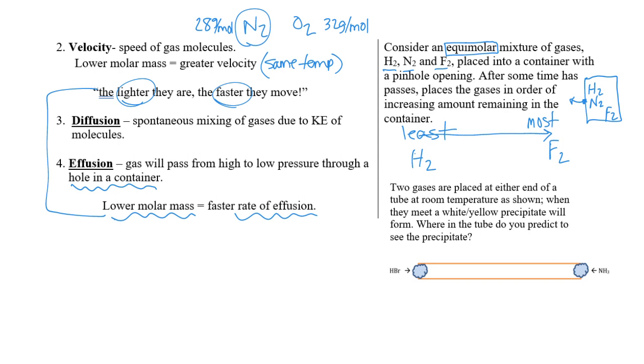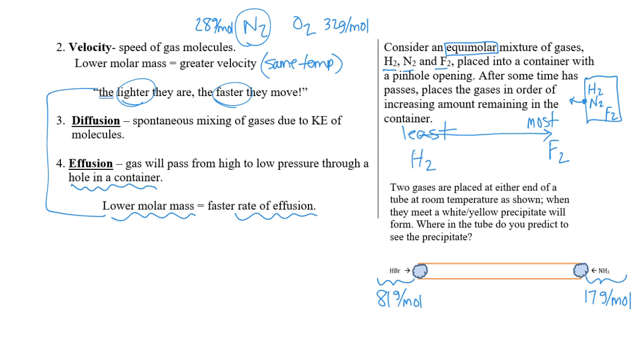Okay, in this next example, we have HBr, which has a molar mass of 81 grams per mole, and NH3, which has a mass of 17 grams per mole. The question says two gases are placed at either end of a tube at room temperature, as shown.